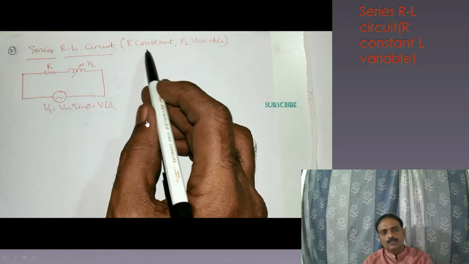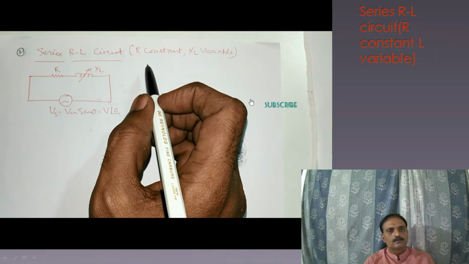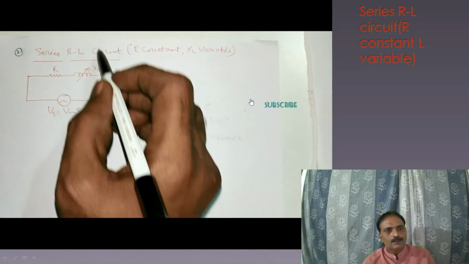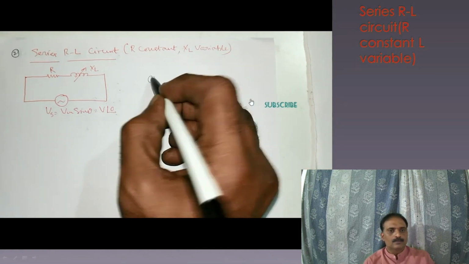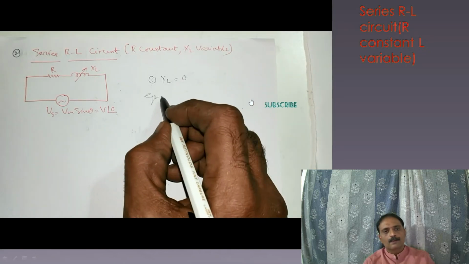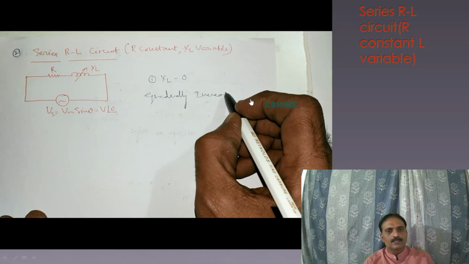which will be in phase with the voltage. And as the inductance increases, slowly the magnitude of current decreases, and the locus of current will be in the same fashion. Let me show you. Initially we are going to have XL equal to 0, and gradually the inductive reactance is going to increase.